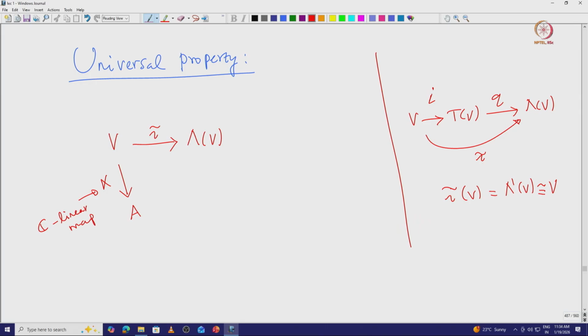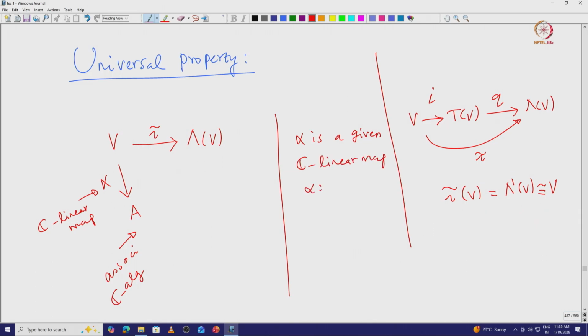And this capital A is an associative C-algebra. But we demand that alpha satisfies the following property: alpha is a given C-linear map from V to capital A such that alpha(v) squared is equal to 0 for all v in V. If this is given, then what can we conclude?